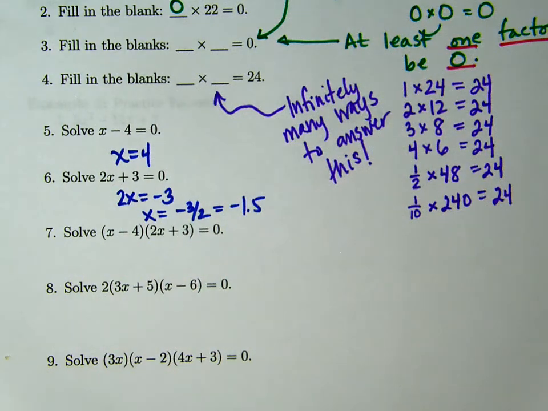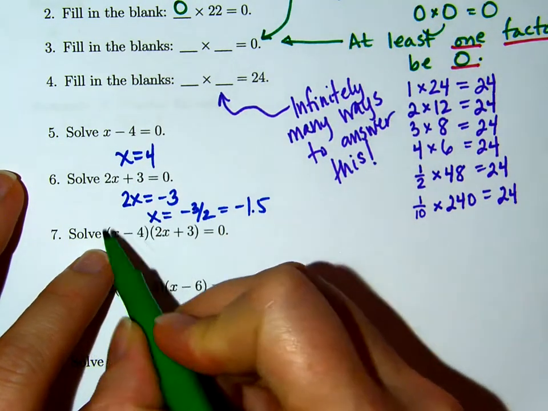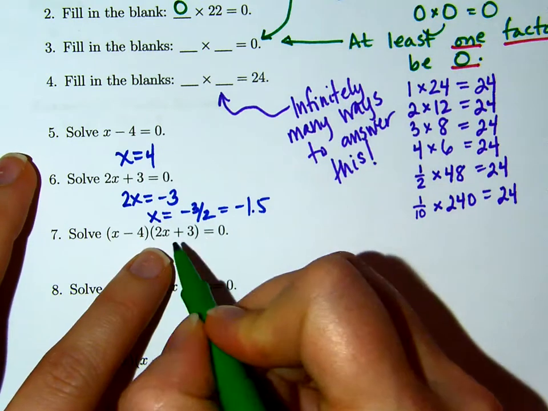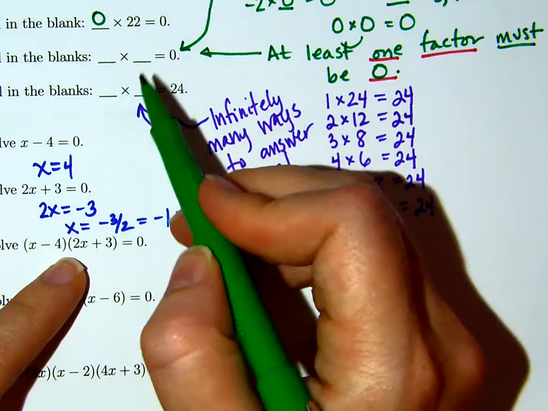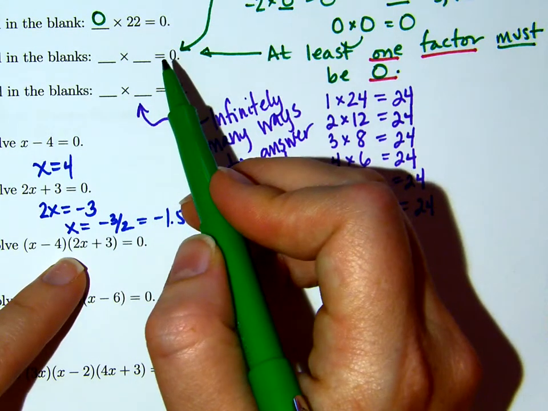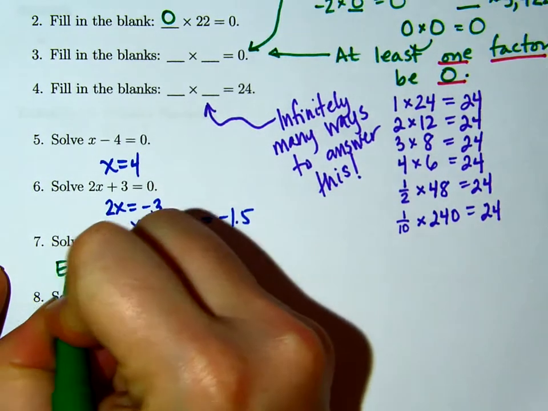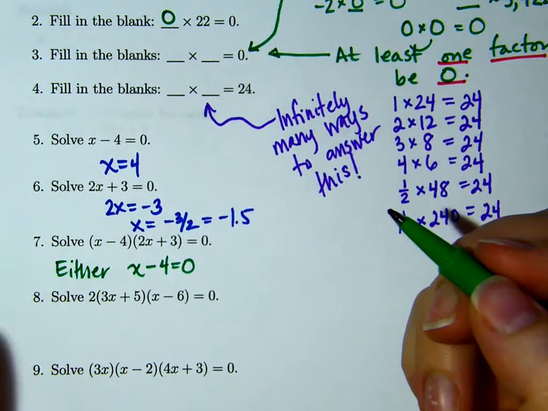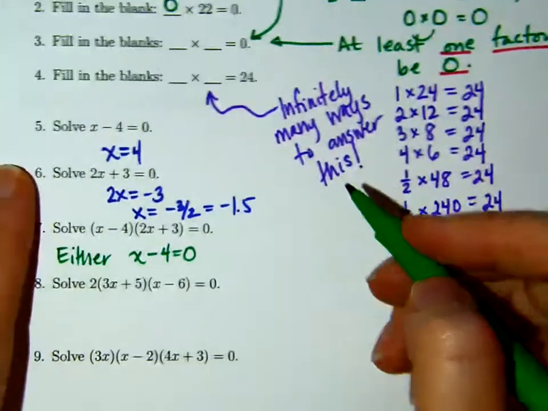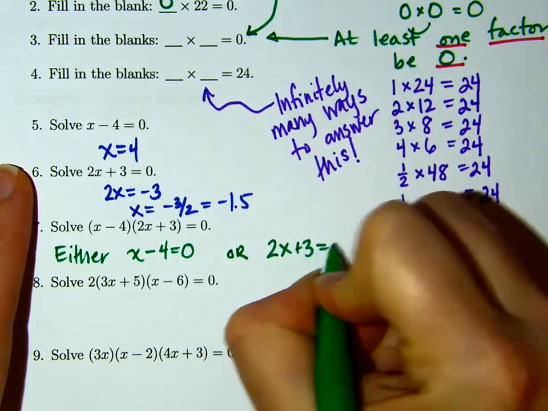Of course it is. So now this is saying if we have these two linear factors, x minus 4 times 2x plus 3 equals 0, and we know that at least one factor must have been 0 because we have something times another something equals 0, then either x minus 4 equals 0, or, because at least one factor must have been 0, or 2x plus 3 is equal to 0.